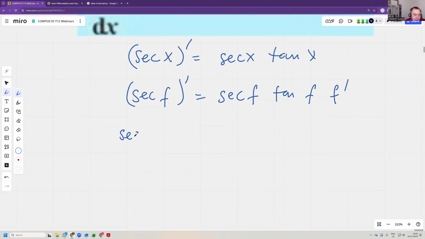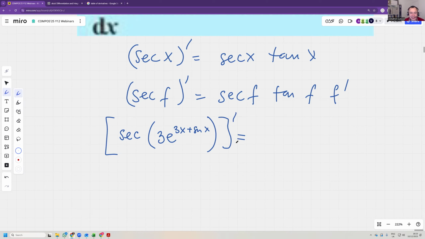So sec instead of x, sec of 3e to the 3x plus sine x. Any crazy derivative, I can do it.